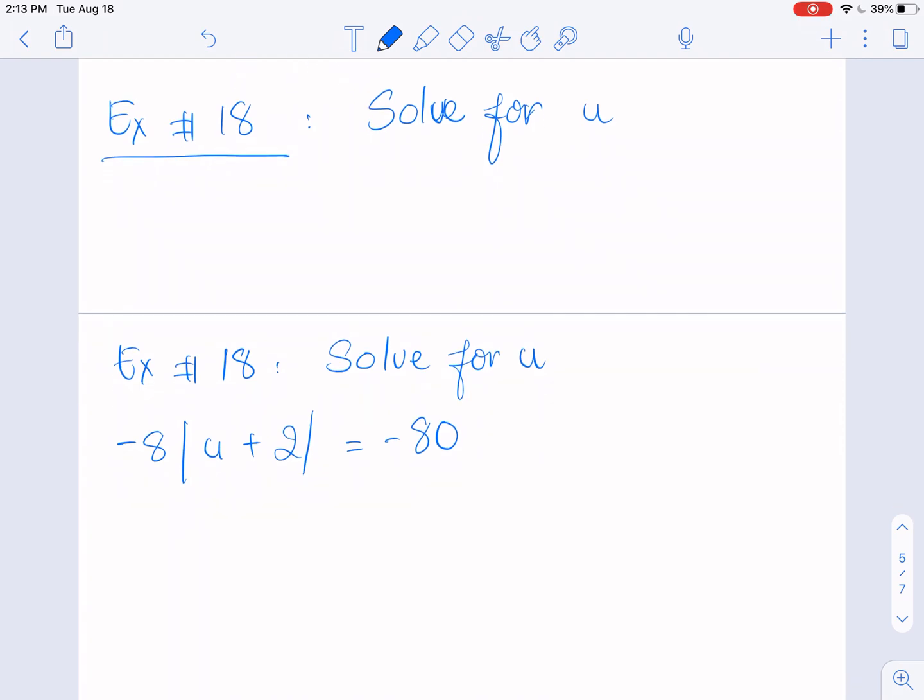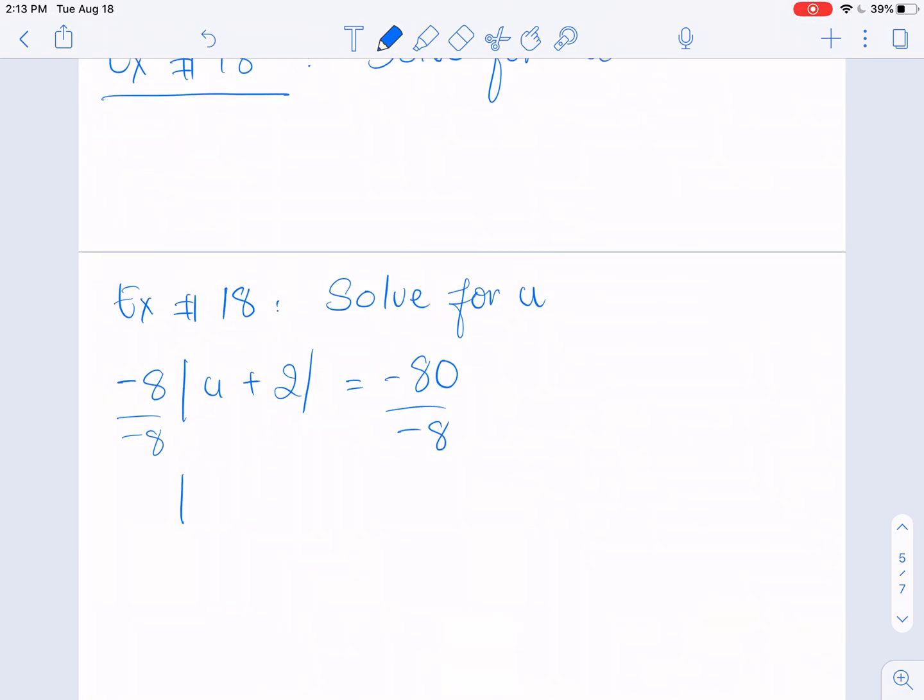The first thing you need to do for an absolute value equation is isolate the absolute value. So how do I isolate it? I have that -8, so the first thing you need to do is divide by -8. Now we end up with the absolute value of u plus 2 equals 10.